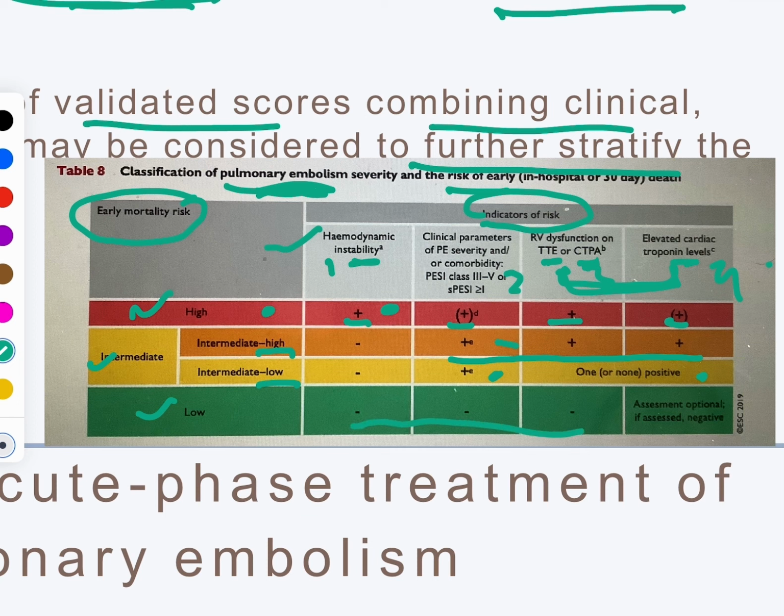And if they are negative, meaning the patient is hemodynamically stable, the PESI score or simplified PESI score is low, and there is no evidence of right ventricle dysfunction on echocardiogram, CTPA, or troponin levels, then it means low severity of early mortality risk.